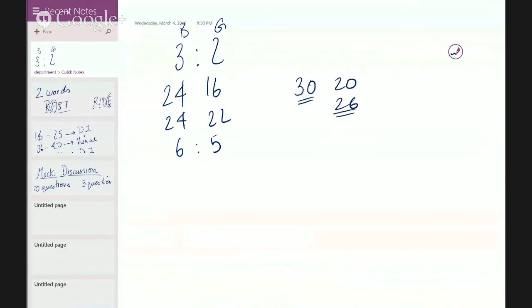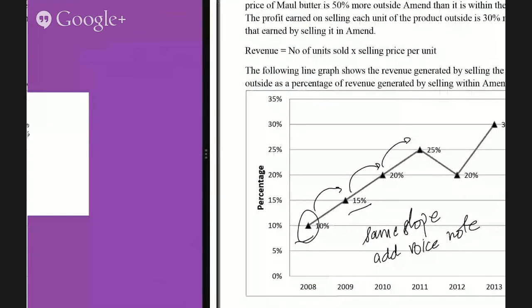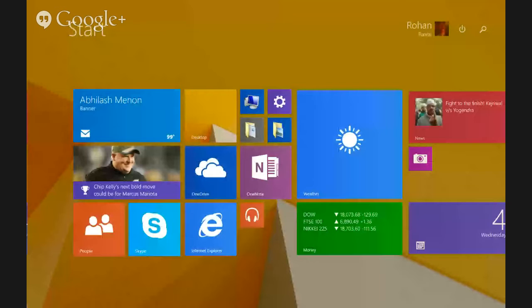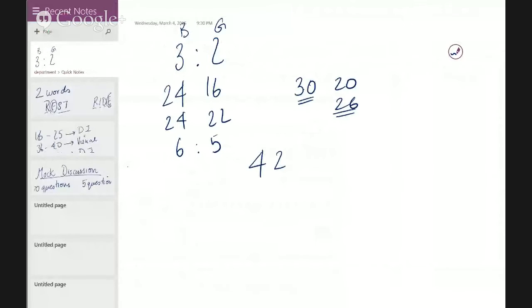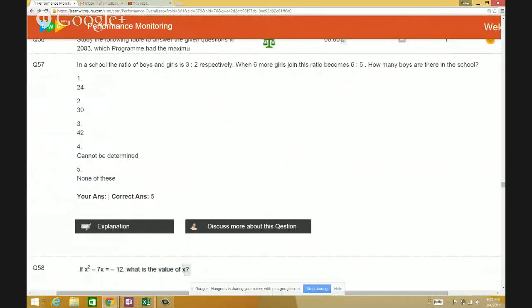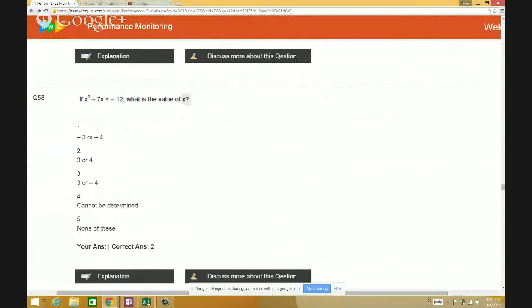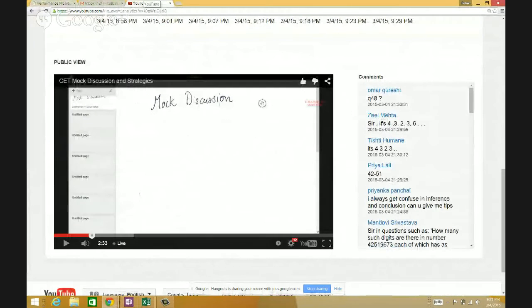Because 5 should be 25 and not 26. Let's take 42. If 42 is the number of boys, the number of girls is going to be 28, since 3:2. If 6 more girls join, it's going to be 34. It is still not 6:5. So the answer is none of these. Very simple. 30-second question. All these questions are 30-second questions.